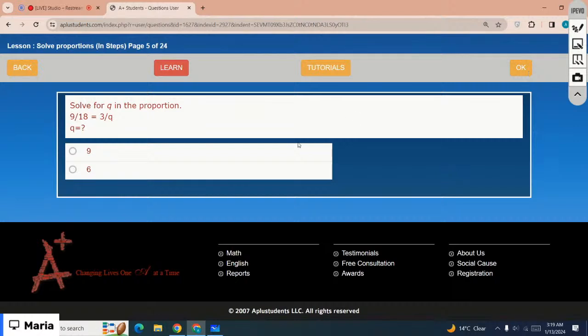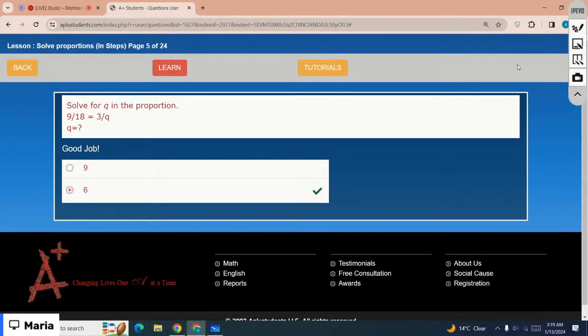Yes, that is 6. The correct option is 6.